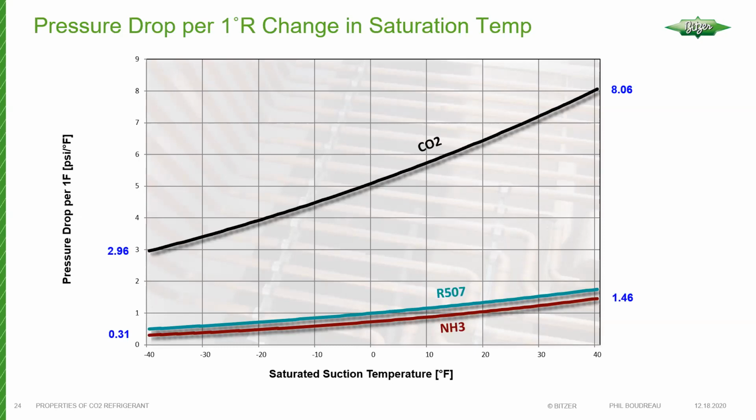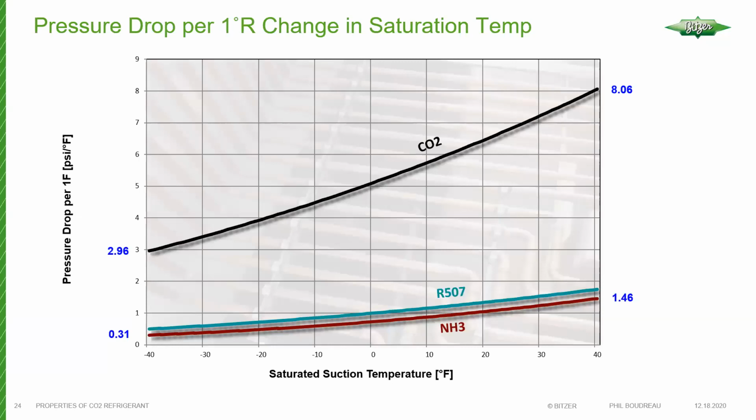So here's a way of showing this. This graph goes from -40 up to +40. At -40, the pressure drop for CO2 would be approximately 3 psi per 1 degree Fahrenheit.